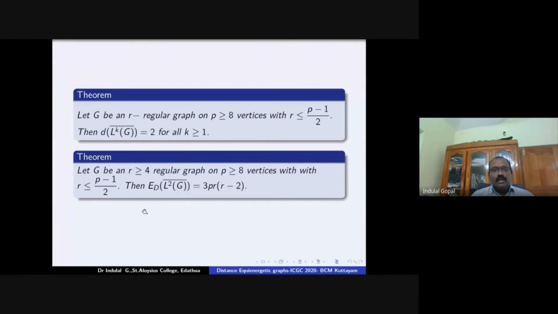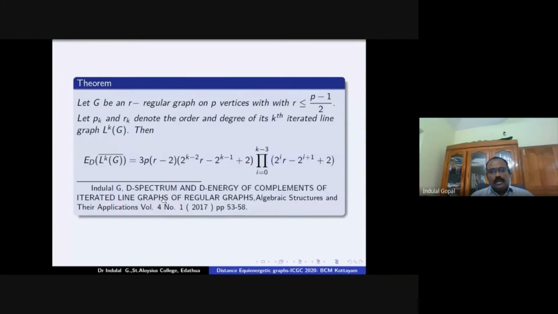And consequently, for the complement of any iterated line graph, if G is an r-regular graph on p vertices with r less than or equal to (p minus 1)/2, and pk and rk denote the order and degree of the kth iterated line graph, then the distance energy of the complement of L^k(G) depends upon the initial parameters of the starting graph G.